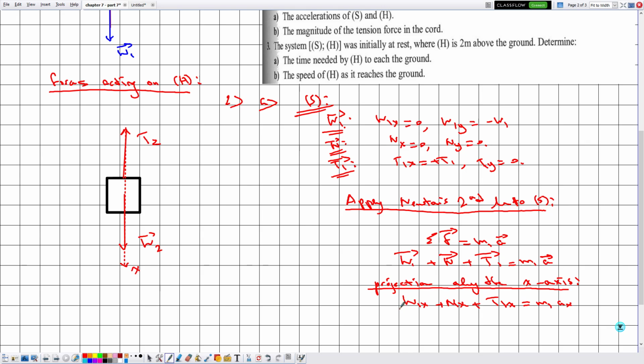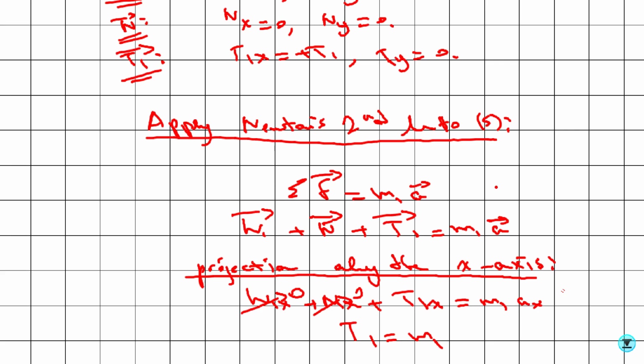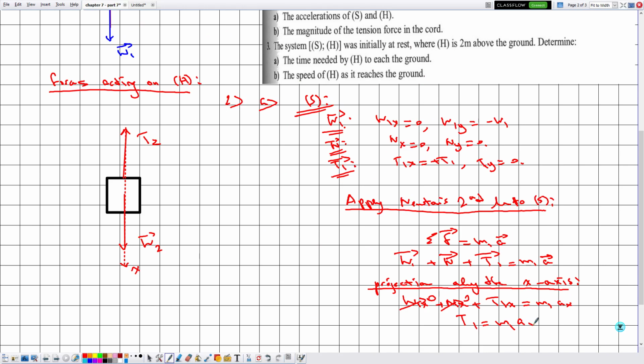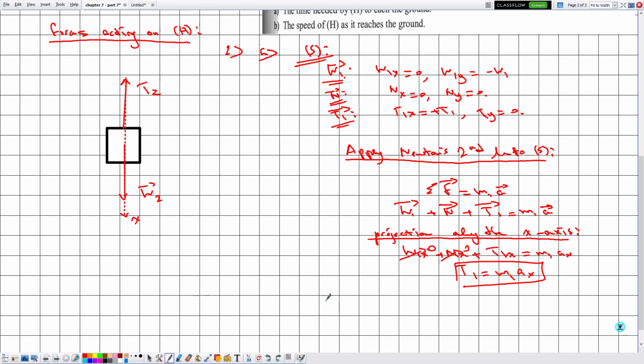So this is 0 from above, this is 0, this is T1, and this is ax. Now let me say the following: ay is equal to 0, no motion along the y-axis.